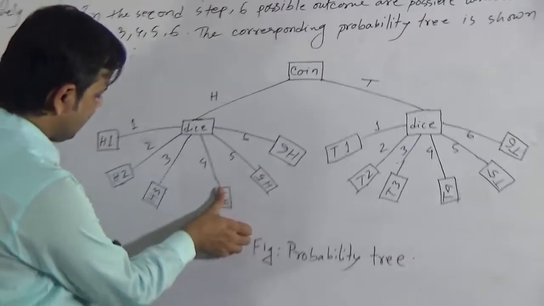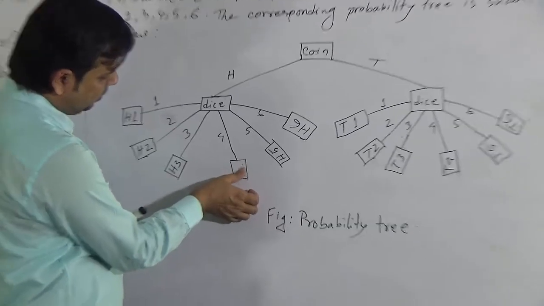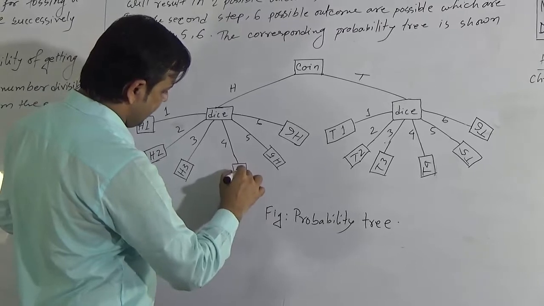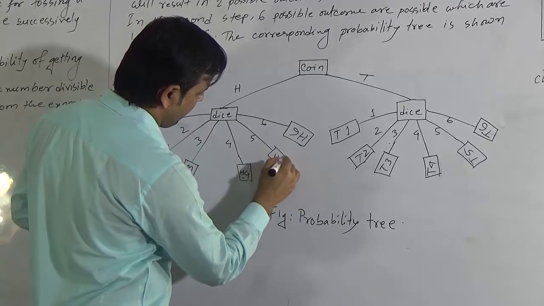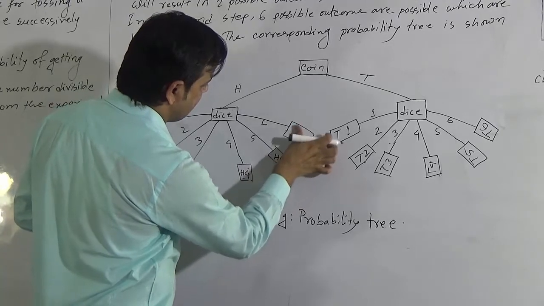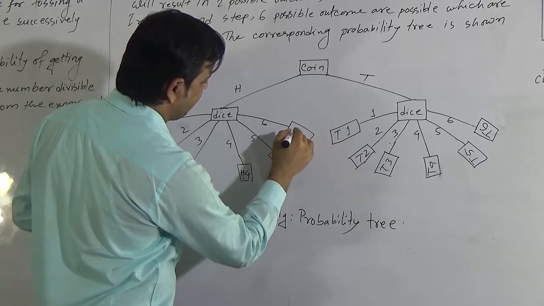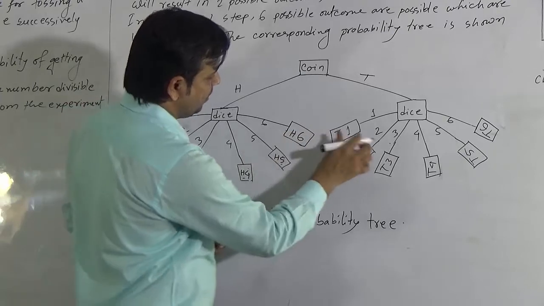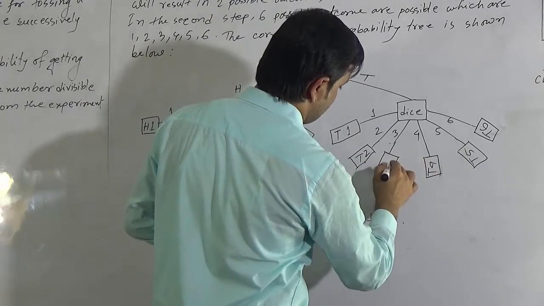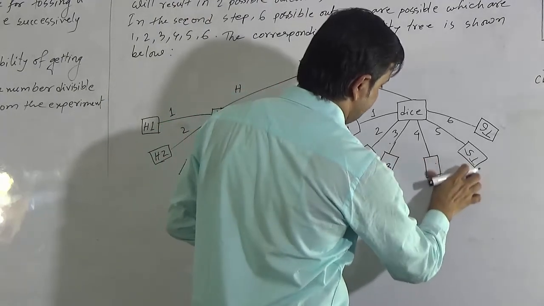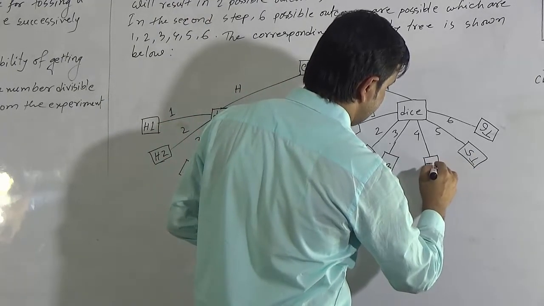Dear students, this is looking odd, I think. You can write H4, you can write H5, you can write here H6. You may face problem when you will solve this. You may not understand this.